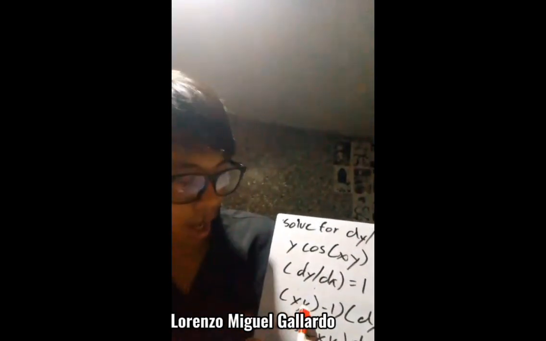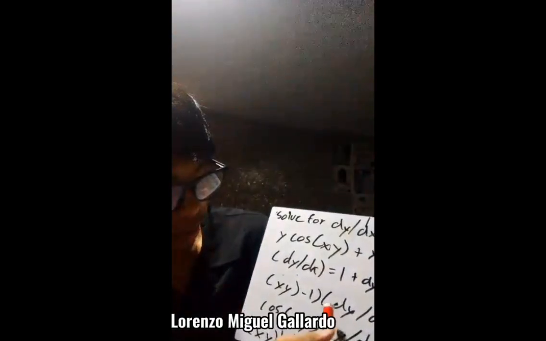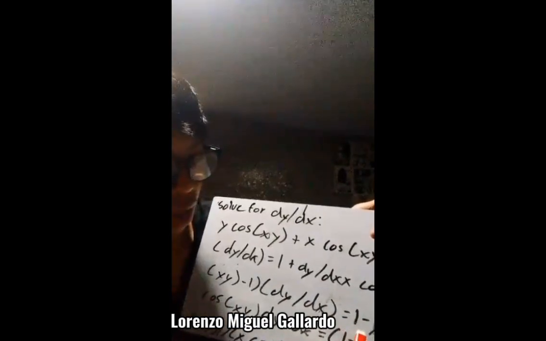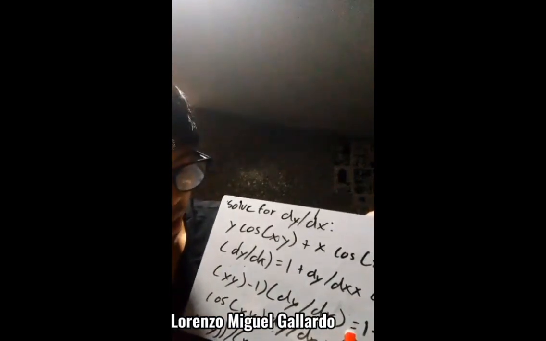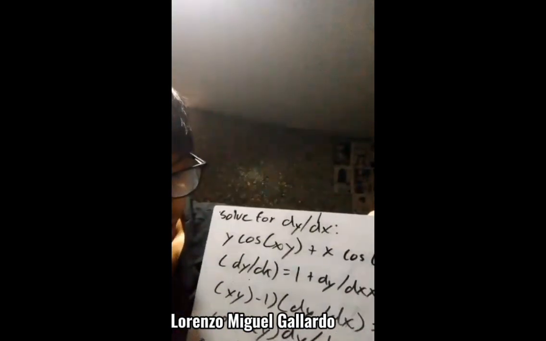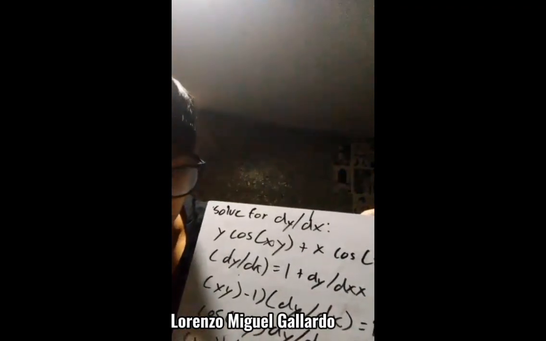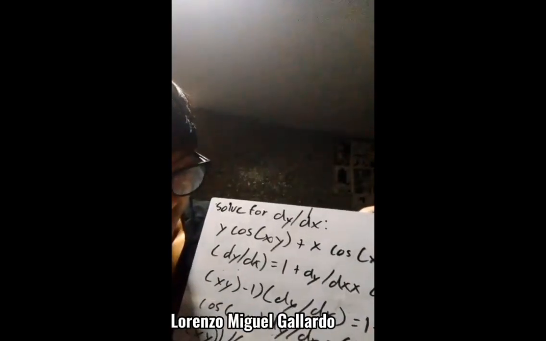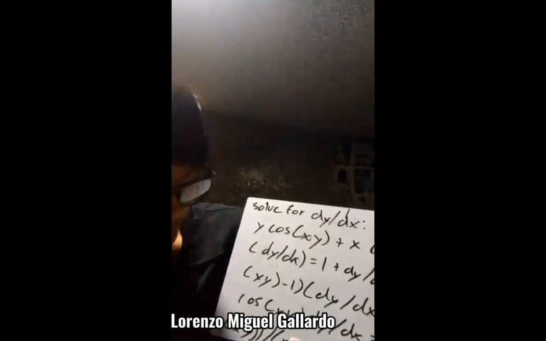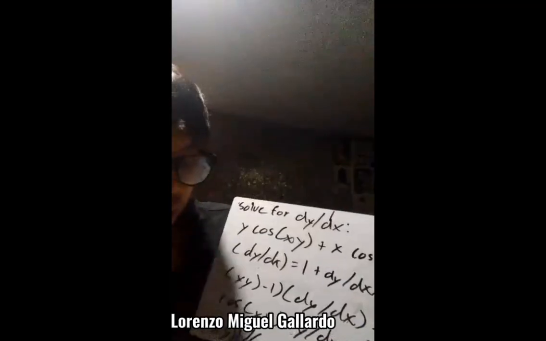Collecting the dy over dx terms, dy over dx equals 1 minus y cosine of xy over x cosine of xy minus 1.